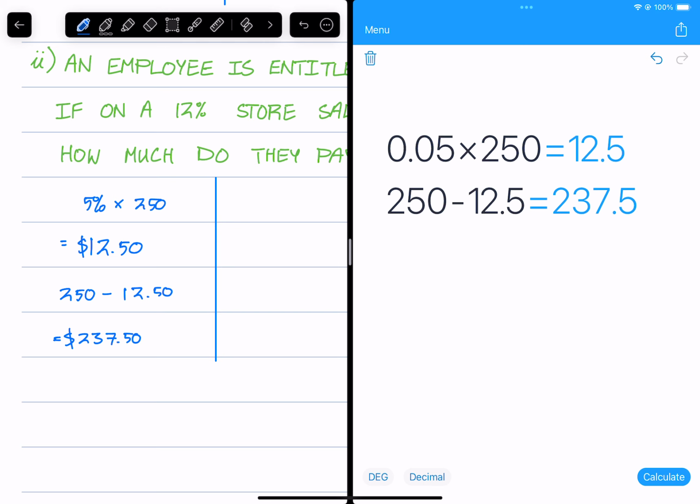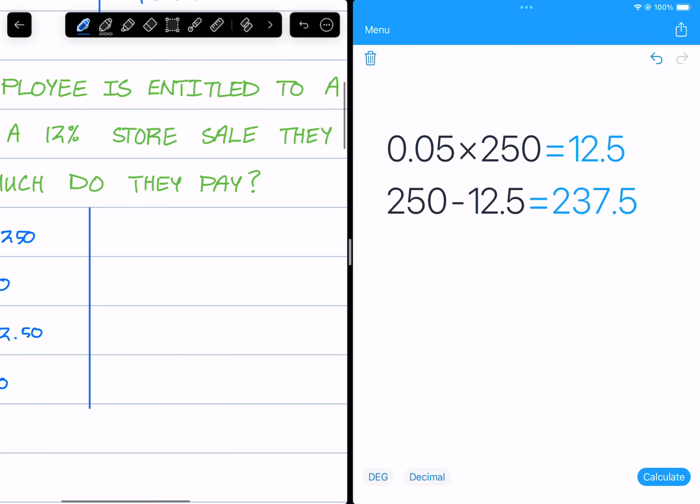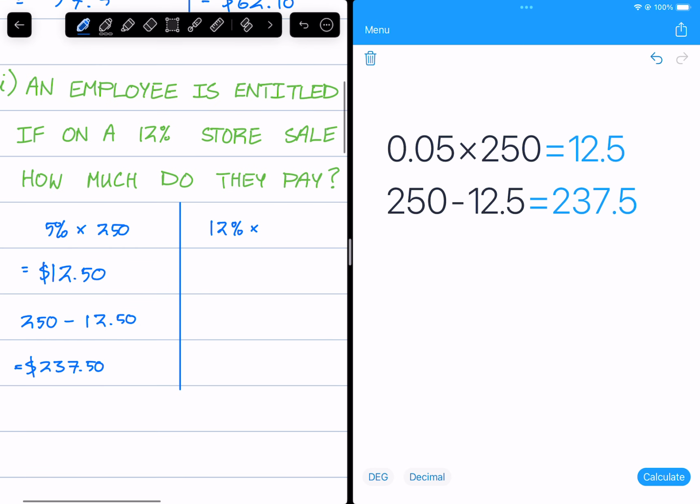And then from this, we would find the 12% discount on that new amount. So 12% on the new amount of 237.50. So 0.12 times 237.50.